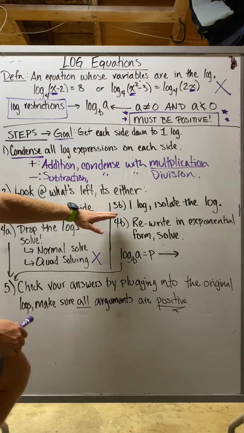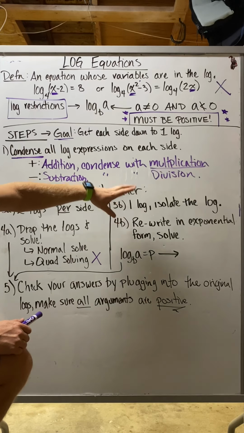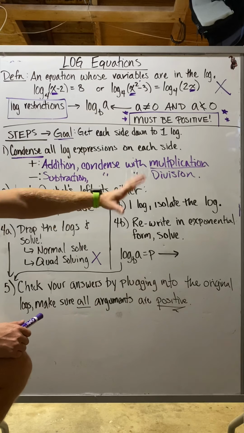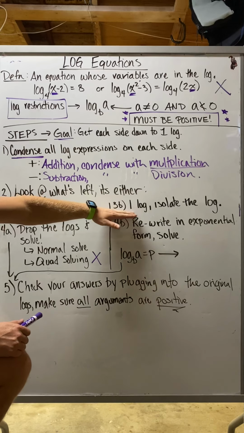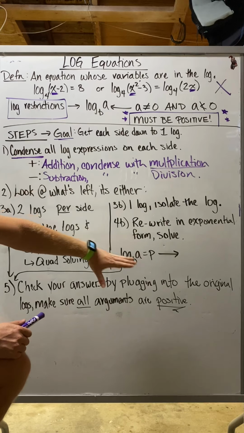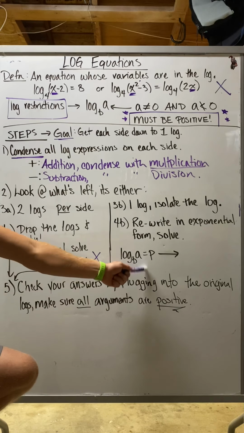If you only have 1 log on one side and it equals a number, or maybe there's 1 log and there's some stuff around it and it's all equal to a number, isolate your log. So get it to say log something equals. And then you're going to rewrite this log in exponential form. So you're going to get something that looks like this.